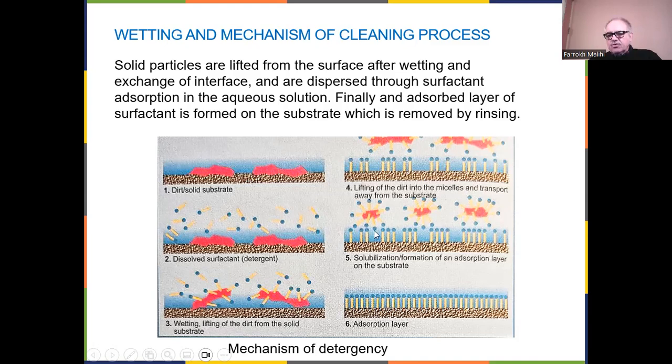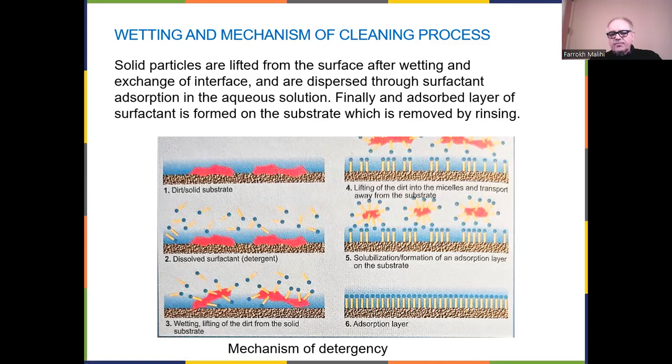And eventually the soil is dispersed and emulsified when it's surrounded by additional surfactants, and basically can be rinsed out. And so we finally end up with a monolayer of surfactant on our substrate, which during the rinsing process is removed. So this is how surfactants have become the workhorse of detergents and cleaning products, because of their efficiency in soil removal.